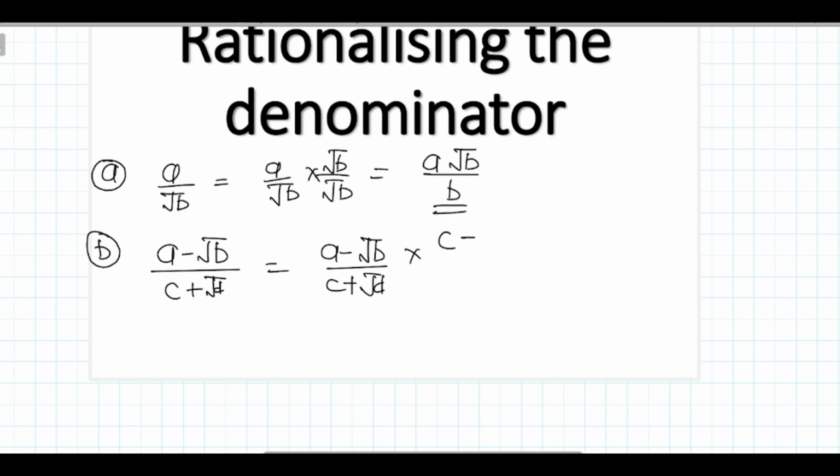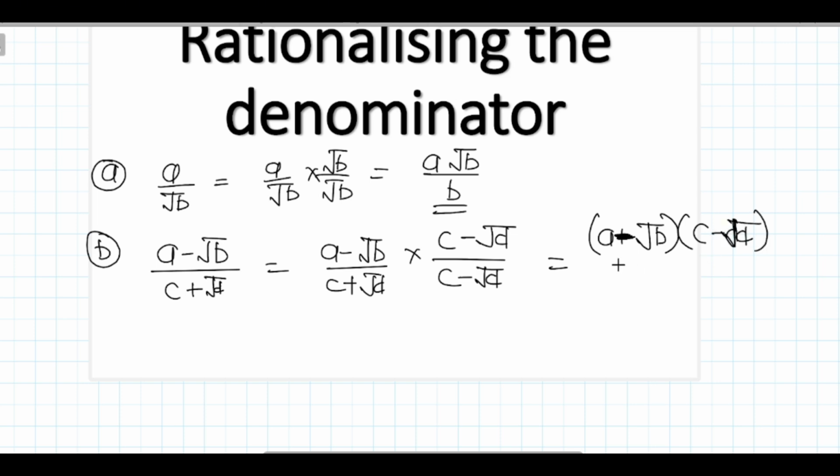So that will be C minus root D all over C minus root D. Then your expression will be A minus root B times C minus root D, all over C plus root D times C minus root D.